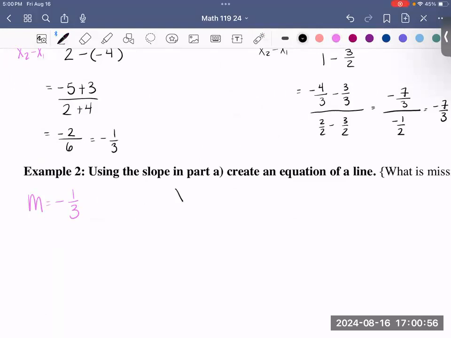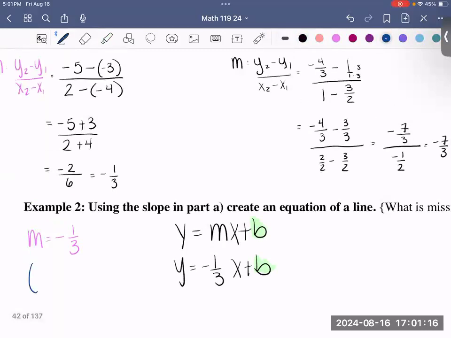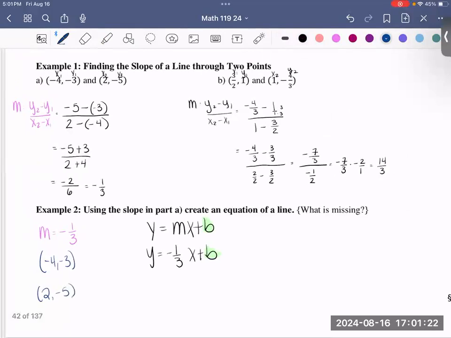Because your equation needs to be y equals mx plus b. If we were to plug it in, you're missing your b. However, we are given your 2 points. You are given -4 and -3, and 2 and -5.